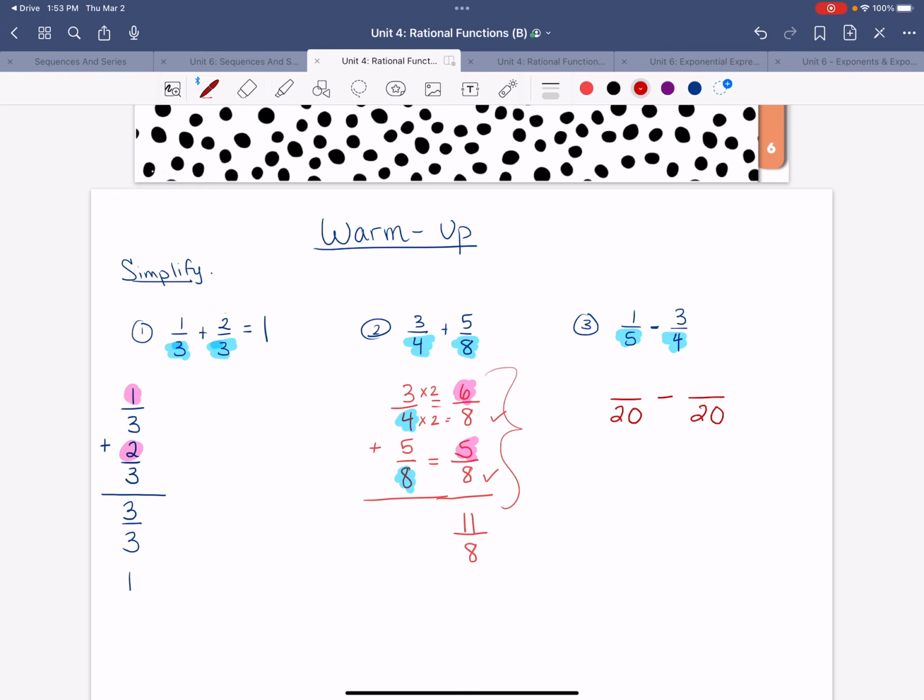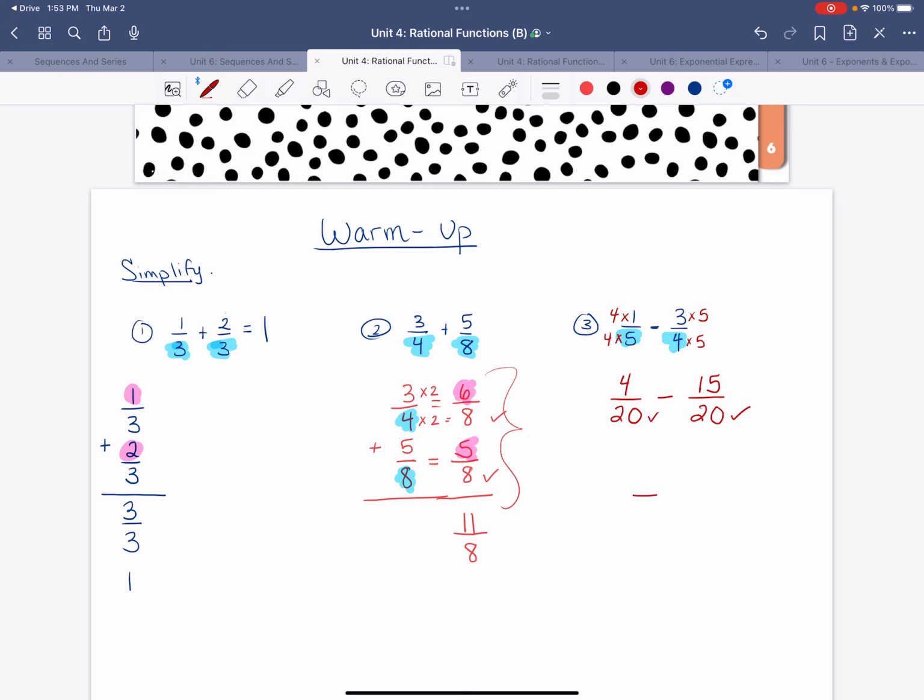In order to make this 5 a 20, I had to multiply by 4. So that means I need to multiply my numerator by 4. So I have a 4 up here. 4/20 is the same as 1/5. Then I'm going to multiply this by 5 because 4 times 5 is 20. So I need to multiply the numerator by 5, and I get 15. And again, my denominators are checked.